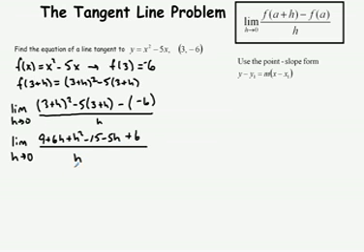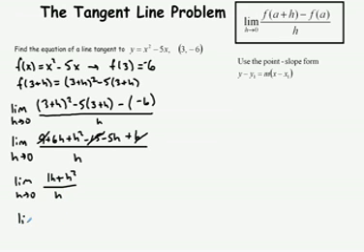All of this is divided by h, so now let's simplify down. 9 minus 15 is negative 6 plus 6. All of those go away right here, and we're left with 0. So this actually becomes our limit as h approaches 0 of 6h minus 5h, that's 1h plus h squared, all divided by h.